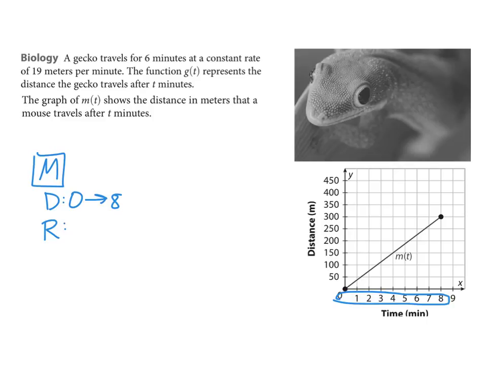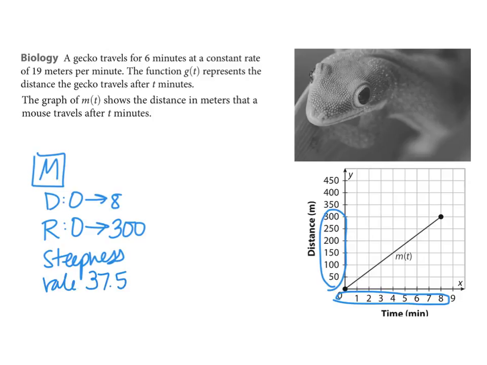The range, those are my y values, and it looks like he covered a distance of 300, so that's 0 to 300. The steepness is like the slope, and we can get that by dividing 300 divided by 8 because that's how quick they went. And for that, I get 37.5 as the rate. All right, we'll use that here in just a minute.